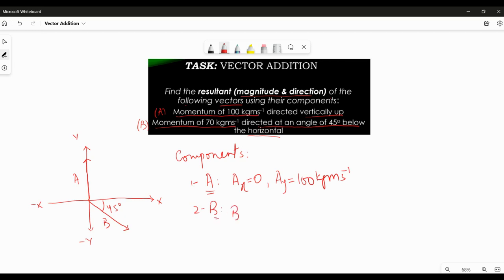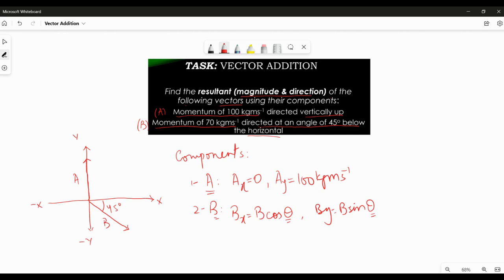So Bx, what will Bx be equal to? Bx will be equal to B cos theta, and By will be equal to B sin theta. Now the question is, what is this theta? So we have to be very careful when we are choosing the angle.